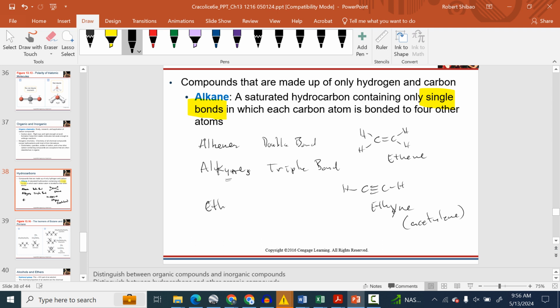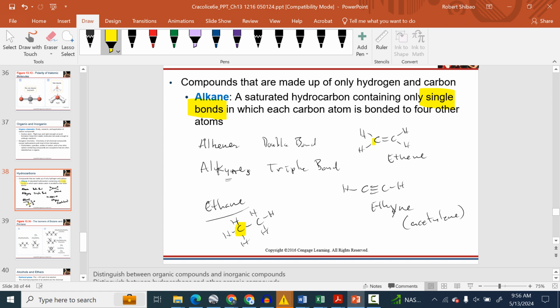And then we have ethane. Ethane has no double, no triple bond. So it's going to have two carbons with a single bond between them, and the rest of the bonds are to hydrogen. Note that carbon always has 4 bonds here. When I look at ethane, this carbon has 4 single bonds.